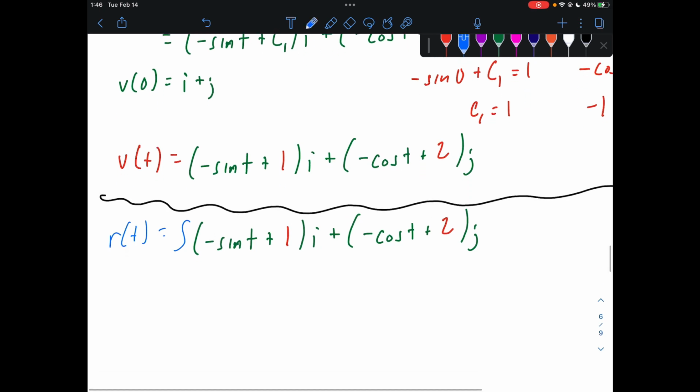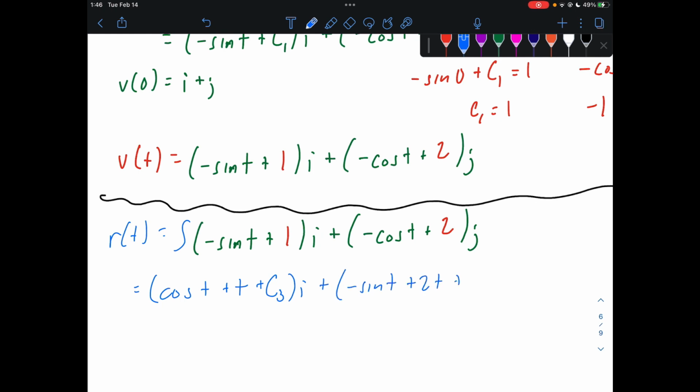So that is going to be cosine t plus t plus c3 i plus negative sine t plus 2t plus c4 j.